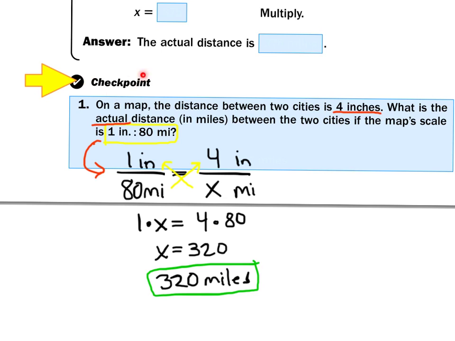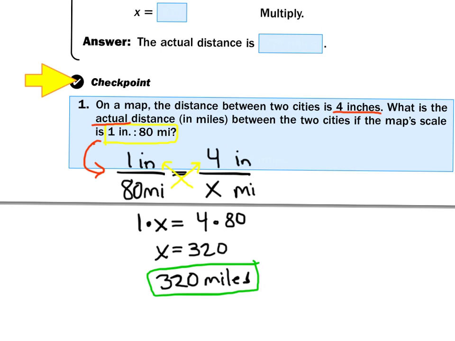Okay, so take a look at checkpoint number 1. On a map, the distance between two cities is 4 inches. What is the actual distance in miles between the two cities if the map scale is 1 inch represents 80 miles? So notice again how I start with the scale. I put 1 inch on top over 80 miles, then I put my equal sign, and then I put inches over miles.